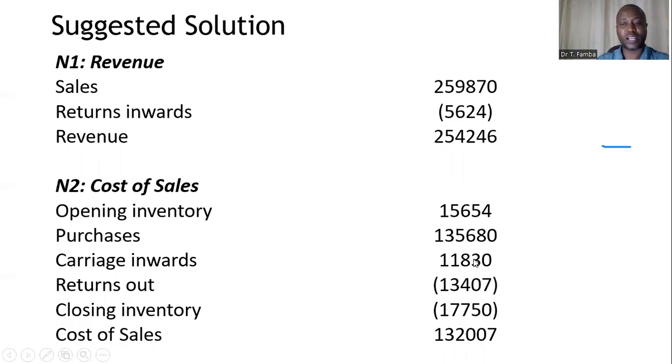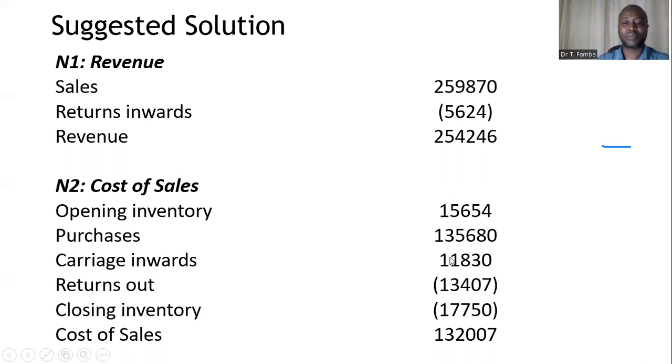So if you go back to check in the extract that we are given there for the trading period, you'll find this amount here for carriage inwards. So carriage inwards is the cost of bringing what we purchased into our warehouse, and then returns outwards.